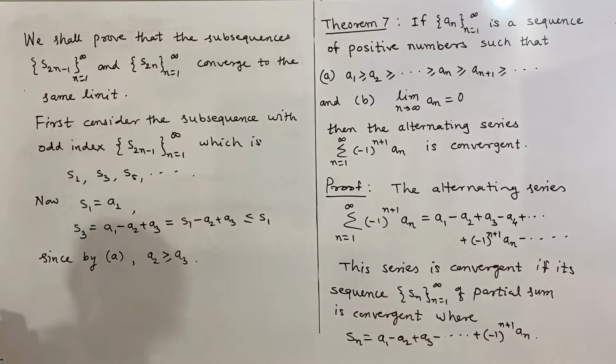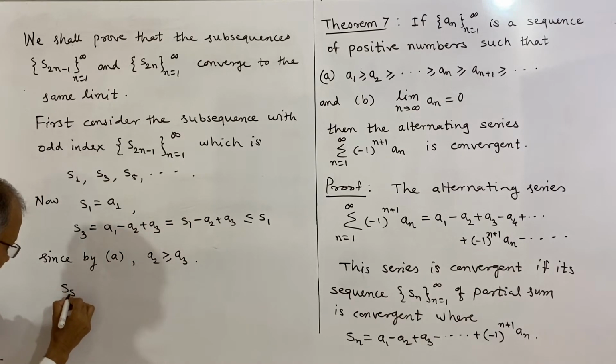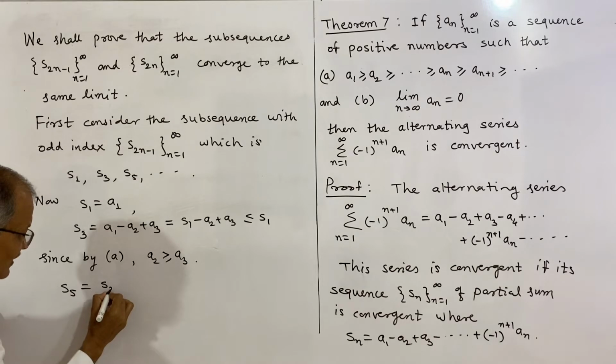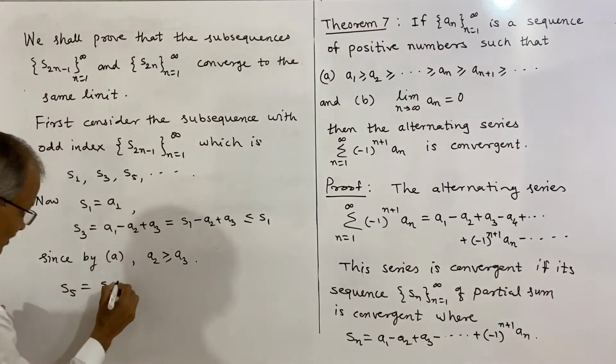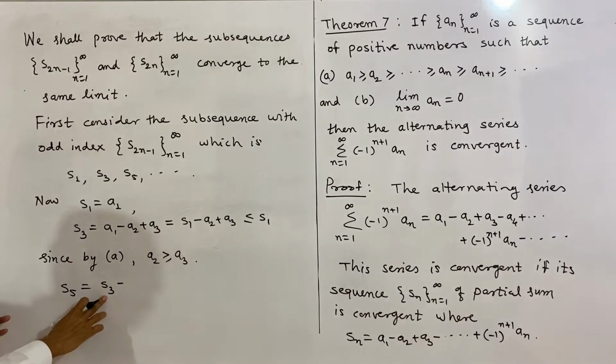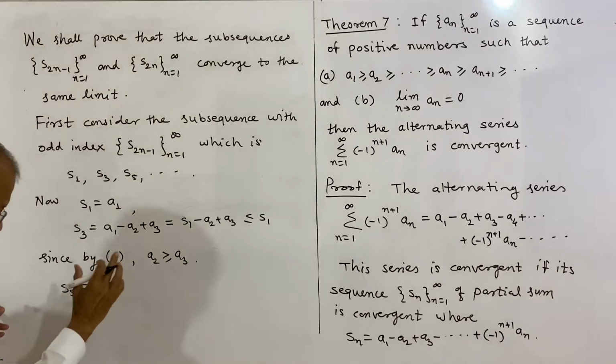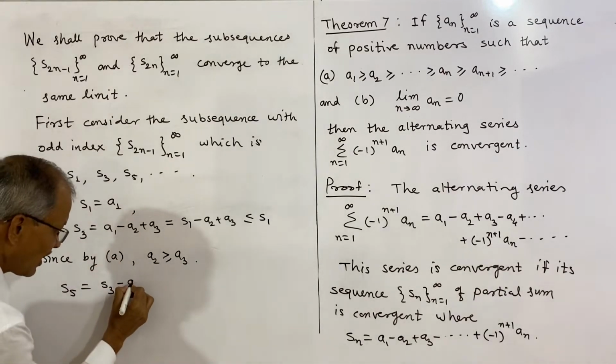Similarly we have S5 equal to S3, the sum of the first three terms, then the fourth term, that is minus a4.